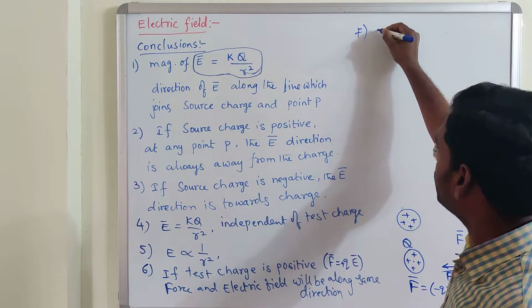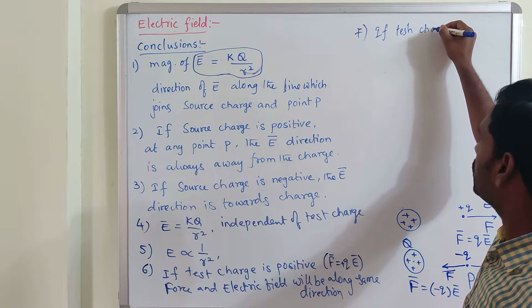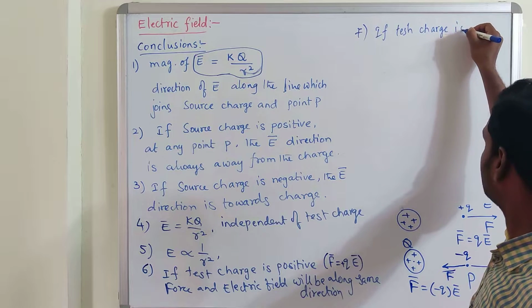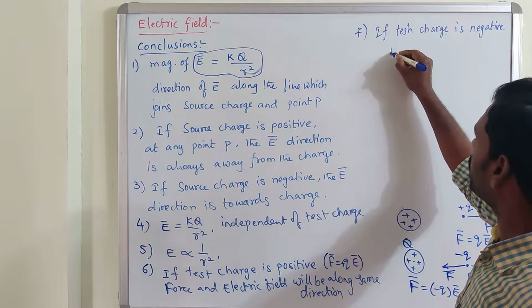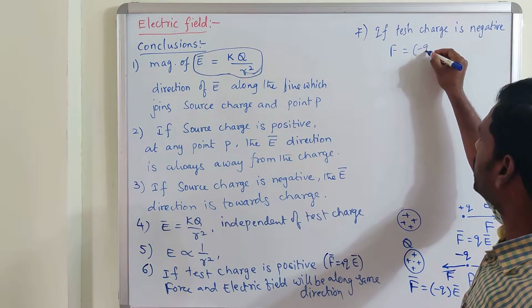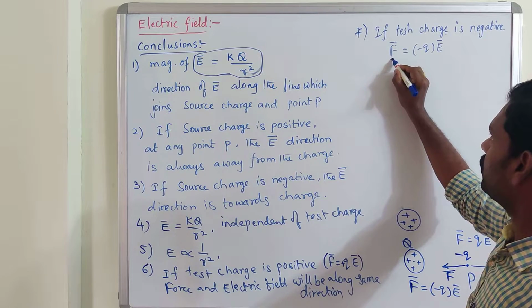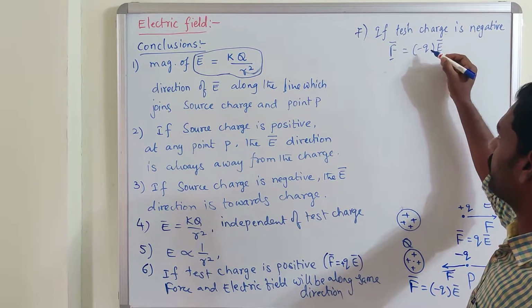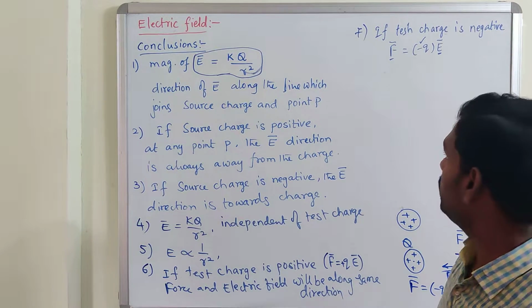is, if test charge is negative, we know that F equal to minus Q into E. That means the direction of force and electric field are in opposite direction. Negative sign indicates they are opposite in direction.